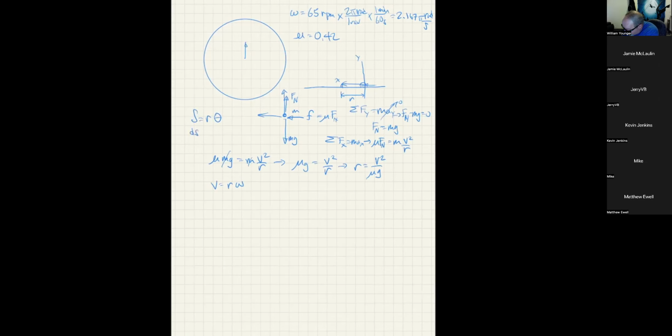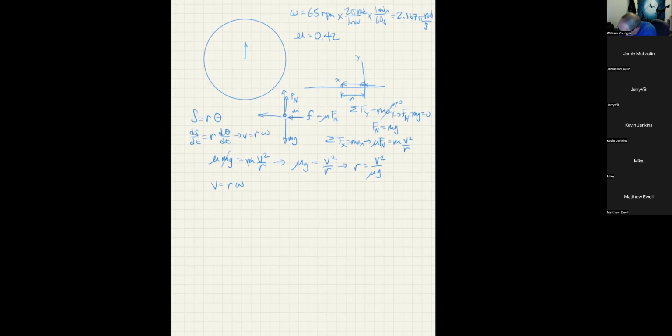If I take the derivative of that with respect to time, and assume the r is a constant, then you get d theta over dt. Well, this is just velocity is equal to r times omega. And actually, I shouldn't even put those vector symbols on it, so I'm going to take that off. But the velocity tangentially is equal to r times omega.